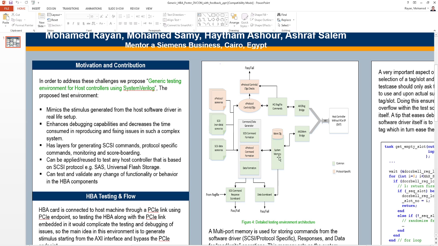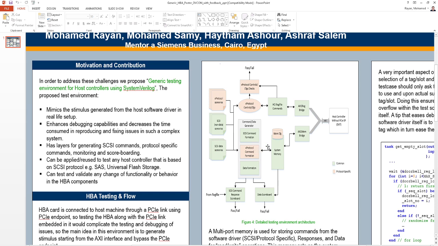It is a dual port memory and acts as the host system memory inside the environment. If there is a command that has data, the data is also written in the memory, and the memory is divided into three segments: the data segment and command segment, plus the scatter gather list segment, and the third one, the user space segment. This user space is used to store any protocol specific command.